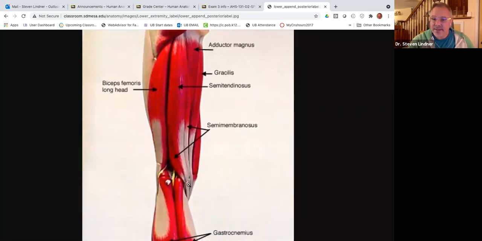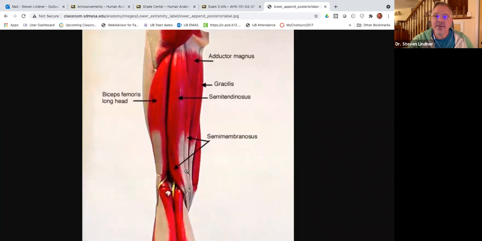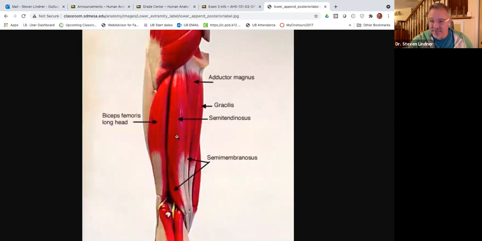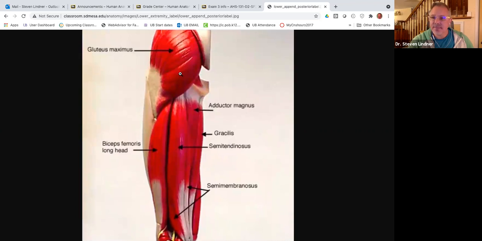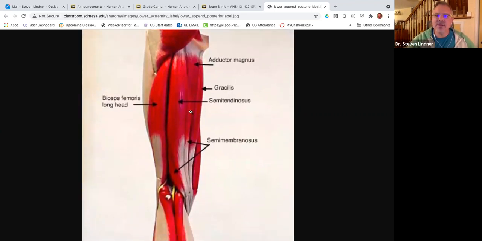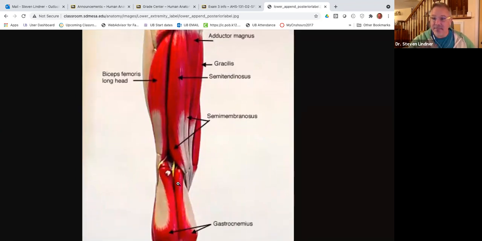They cross the knee. So what can they do? If they cross the hip and they cross the knee, well, what's it going to do at the hip? Well, it's on the posterior, so it's going to pull the hip back. That's called hip extension. And since it crosses the knee on the posterior, when it bends the knee back, that's called knee flexion.